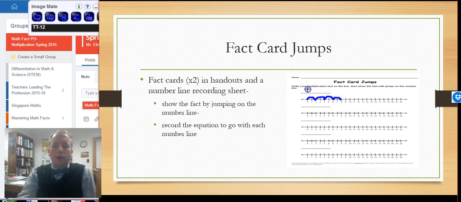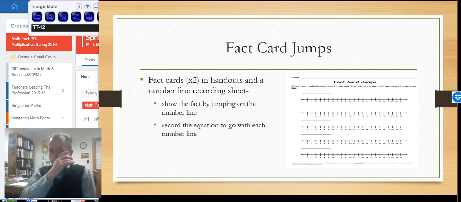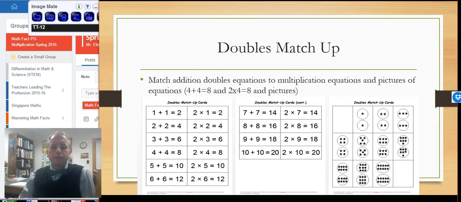And so on my line up here, I've written 4 times 2, and then I've shown down below that that equals 8. Right? And then I can record that, and we can go back and forth, or we're drawing out of our practice packet.